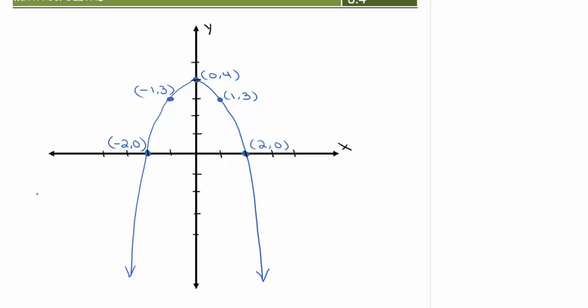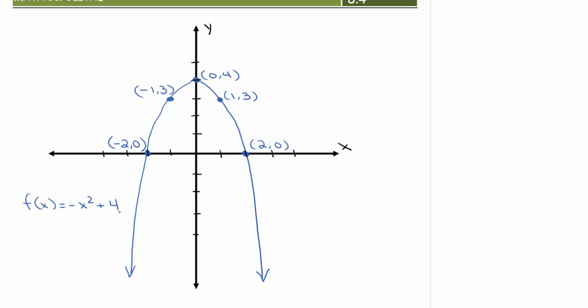And the name of this graph happens to be y is equal, oh, we're using f of x, we're using function notation. So remember, we're using f of x is equal to negative x squared plus 4. So I believe I've got everything on my graph there, the way it should look.